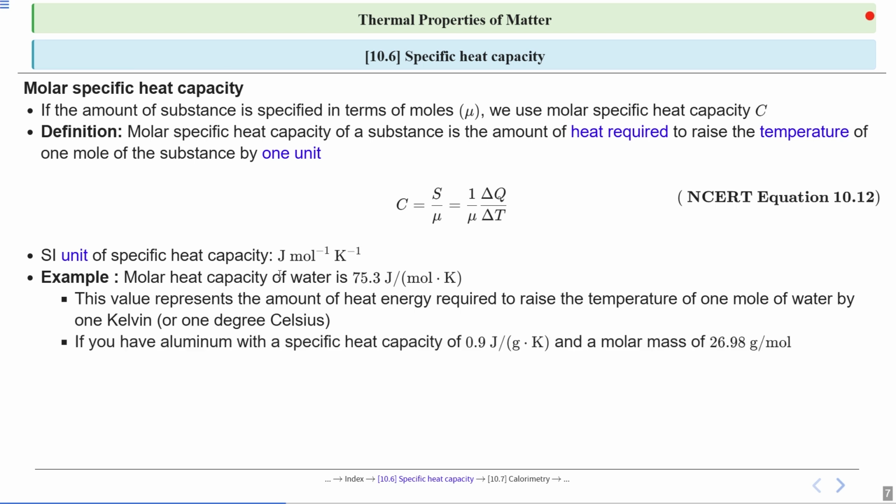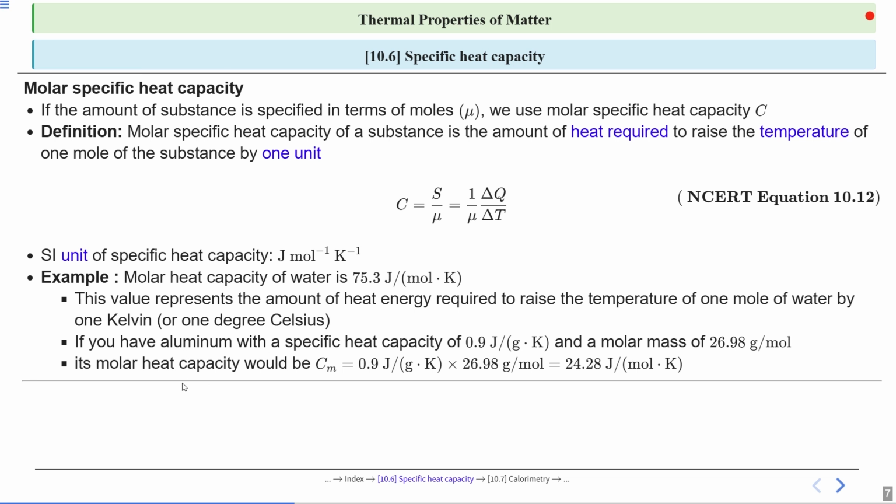Now suppose you have aluminium with a specific heat capacity of 0.9 joule per gram per Kelvin and molar mass of 26.98 gram per mole. So its molar heat capacity would be Cm equal to 0.9 joule per gram per Kelvin into 26.98 gram per mole.